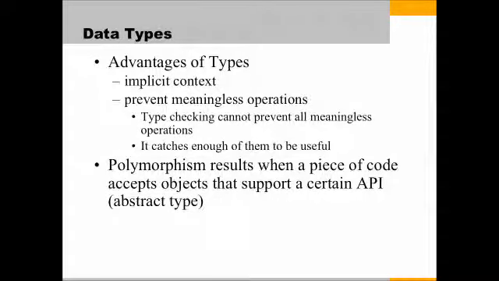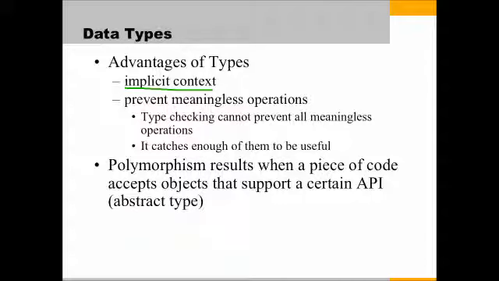Types have a couple of advantages in the context of languages. First, they give you some convenience in that you don't have to specify the type of operation if the compiler can infer the type of the operation from the context, and that's what we mean by implicit context.